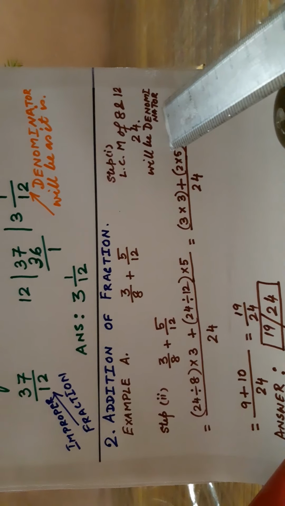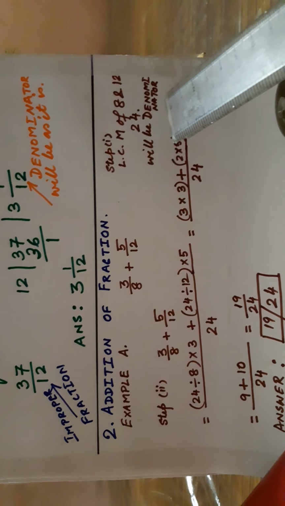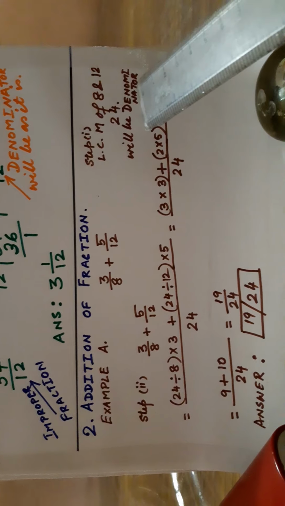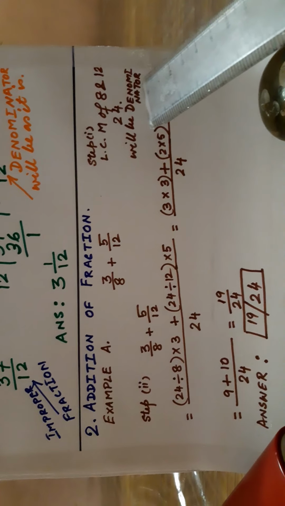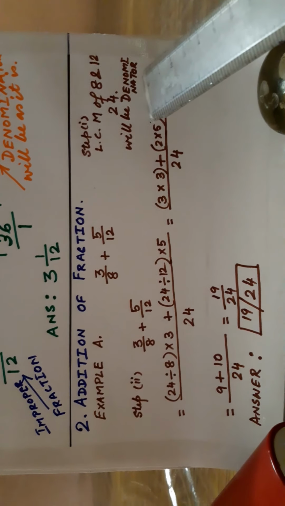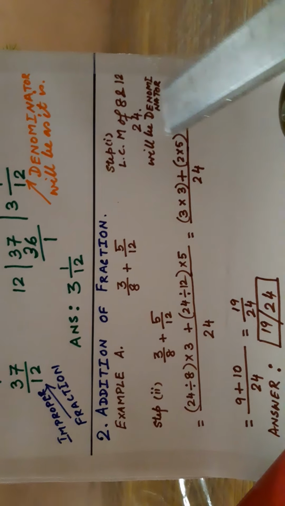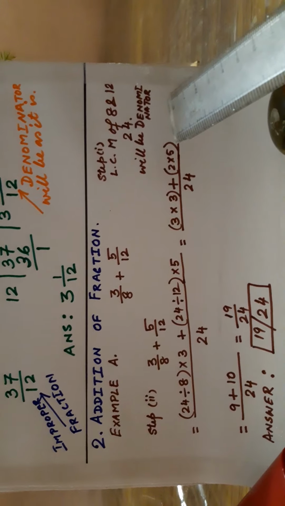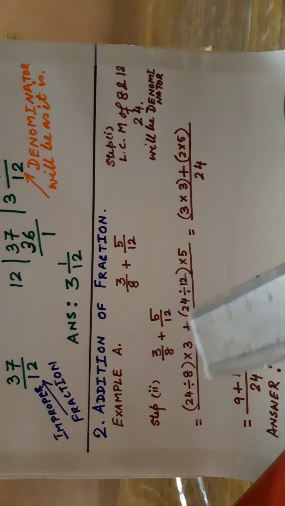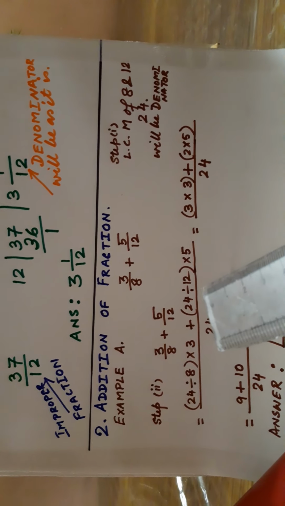There also you have learned how to make like fractions. Here we are doing the same thing, but at a time. The LCM of 8 and 12 is 24. This 24 will be the denominator. Now look, here it is 24, the denominator.